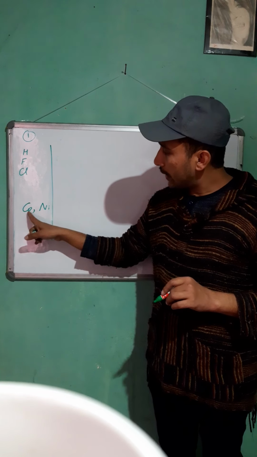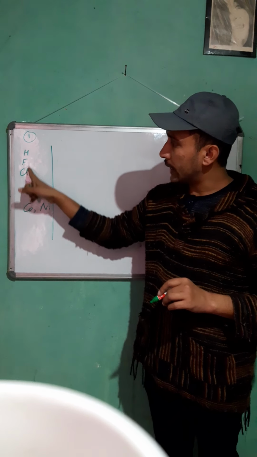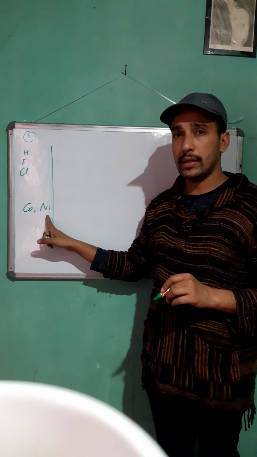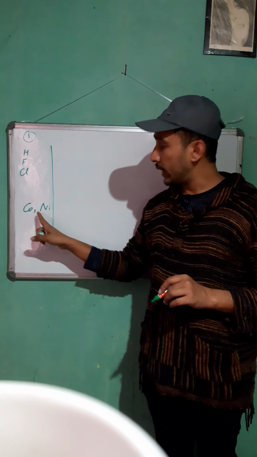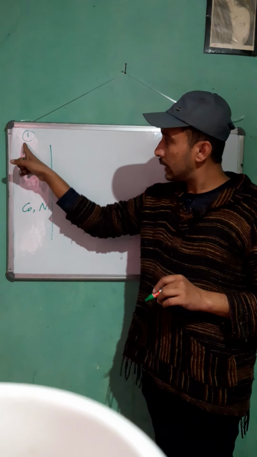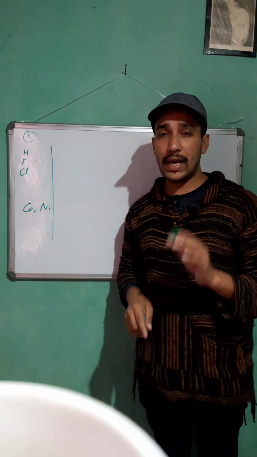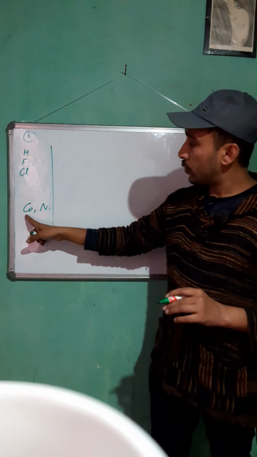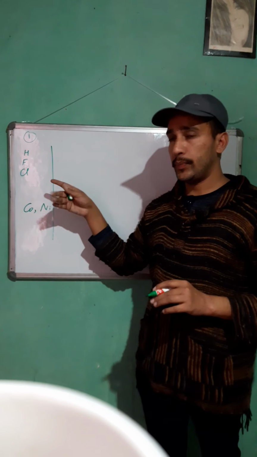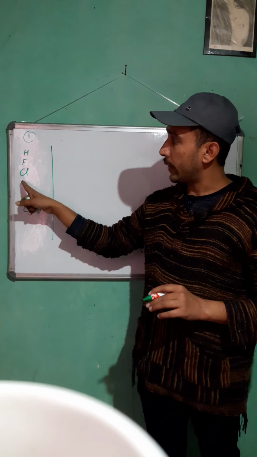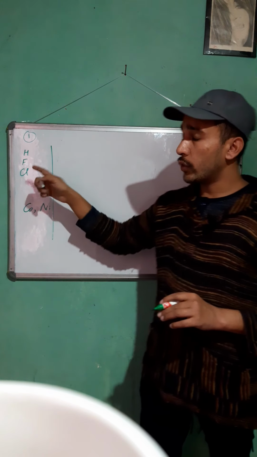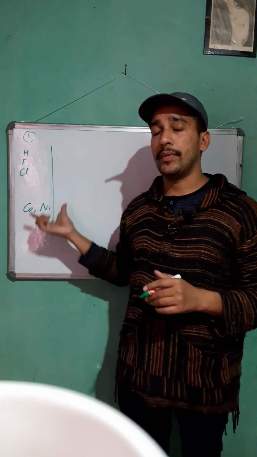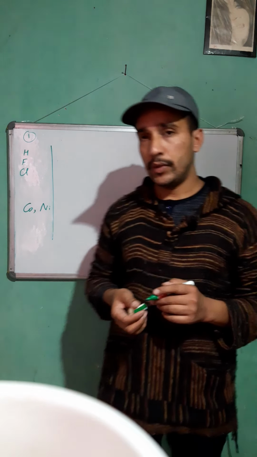Cobalt and nickel are metals, and these three are non-metals. These three are gases, these two are metals, solids. So he kept these two solids with gases. So that was the failure. This cobalt and nickel should be kept separately, but he kept them with hydrogen, fluorine and chlorine. So that was the demerit in Newland's classification of elements.